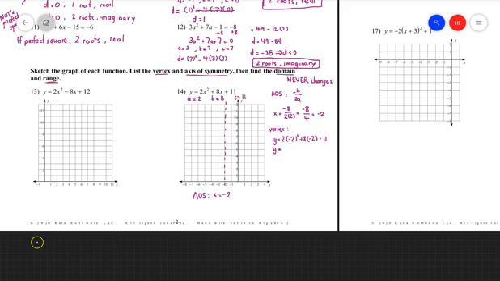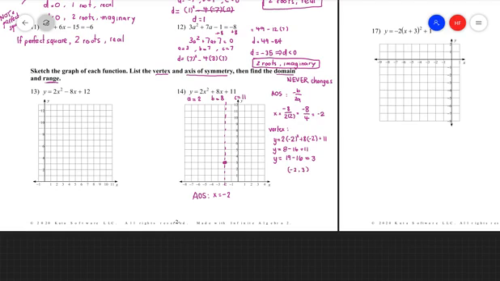So negative 2 squared is going to give us 4. 2 times 4 is 8 plus 8 times negative 2, so minus 16 plus 11. That gives me 19 minus 16, which is 3. So the y value of my vertex is 3, so it's negative 2, comma 3. So right here.